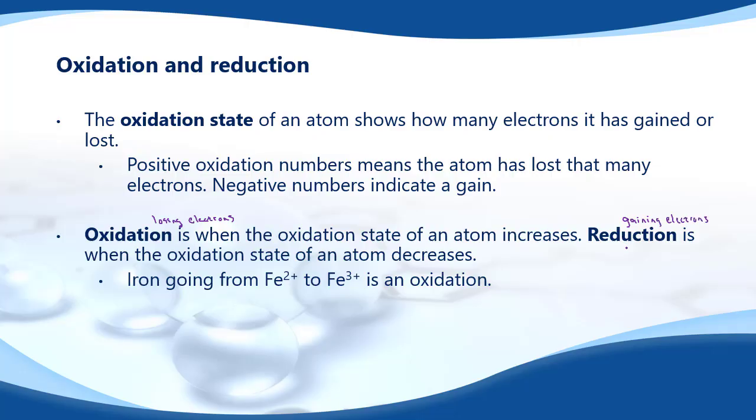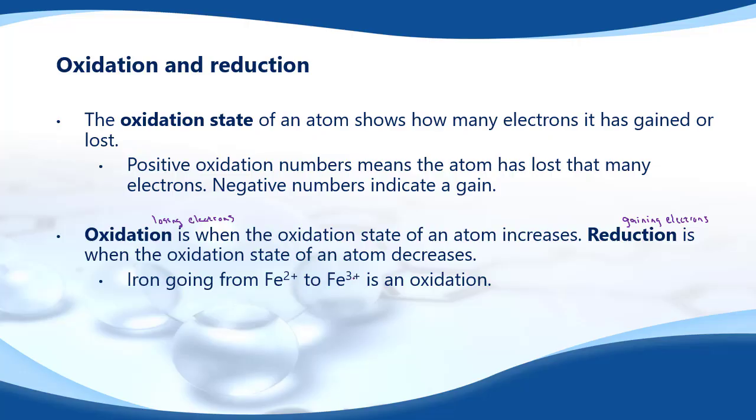Right, the reduction comes in the fact that its oxidation number decreases, it reduces because it becomes more negative. So for example, iron +2 becoming iron +3, it had to lose an electron to do that, and its oxidation number increased, so that's an oxidation reaction.